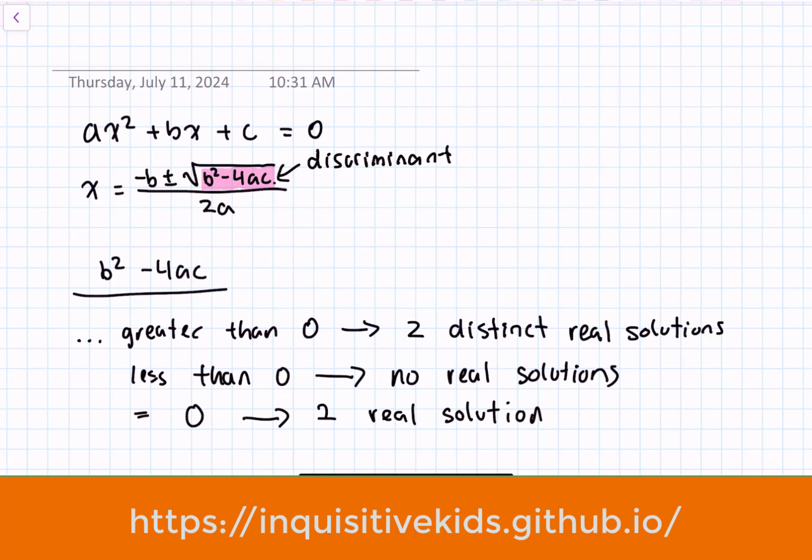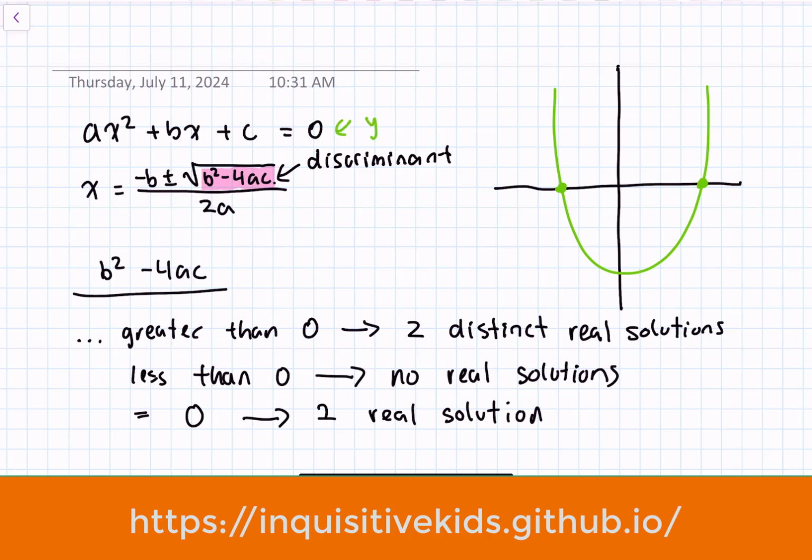And if we take a look at what we mean on a visual graph, if the discriminant is greater than 0, it means there are two distinct real solutions. So one example could be this function. This and this are the two distinct real solutions of y being 0.